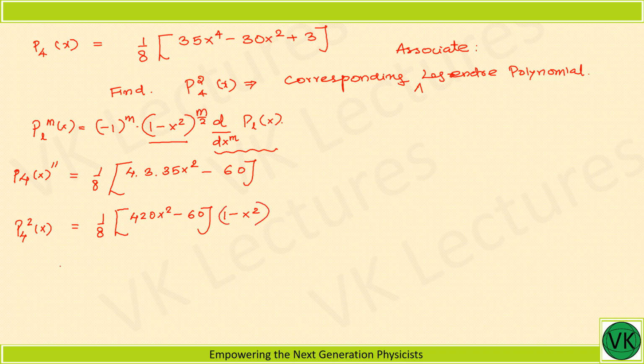So this gives us 1 by 8, 420 x square minus 480 times x to the power 4 plus 60.